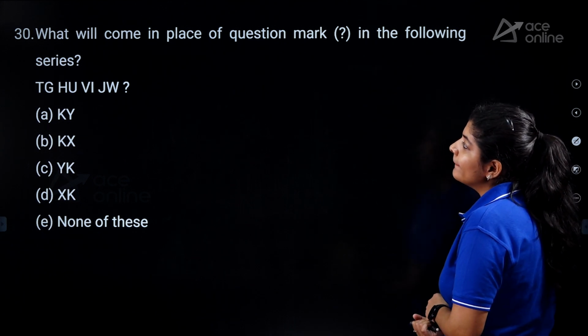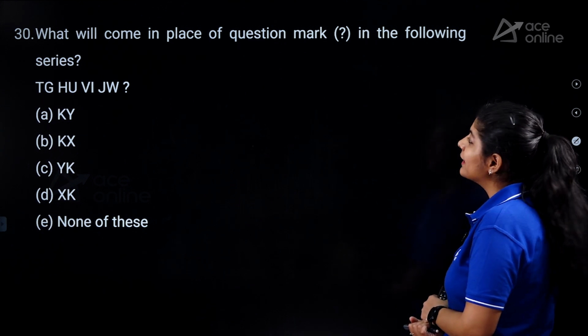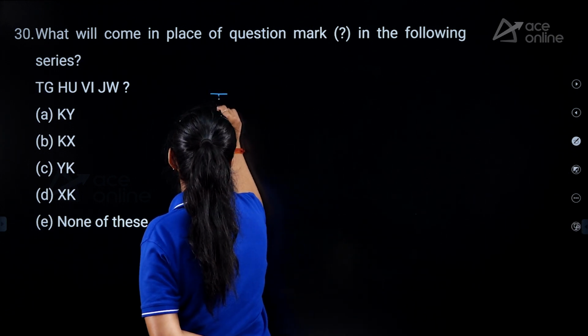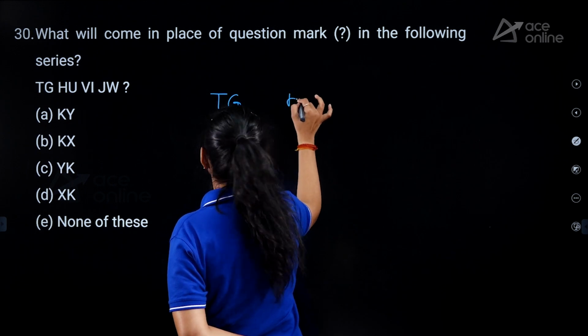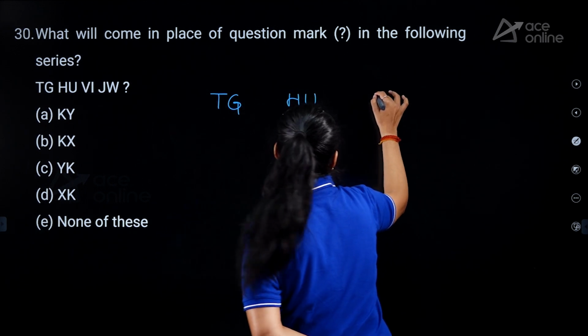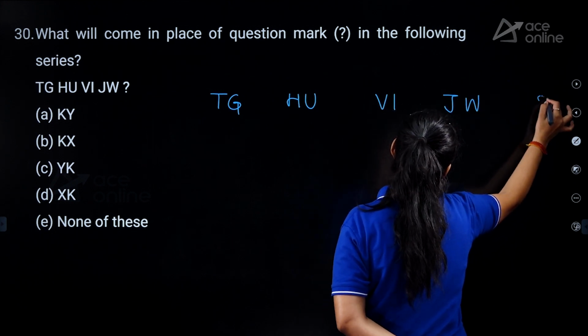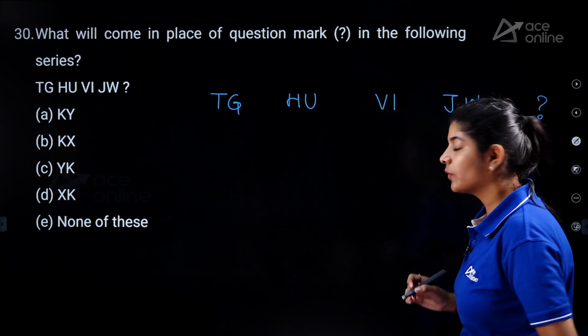What will come in place of question mark in the following series? Here we are having a series, and that series is TJ HUVIJW and the question mark, right? This is what we are having.